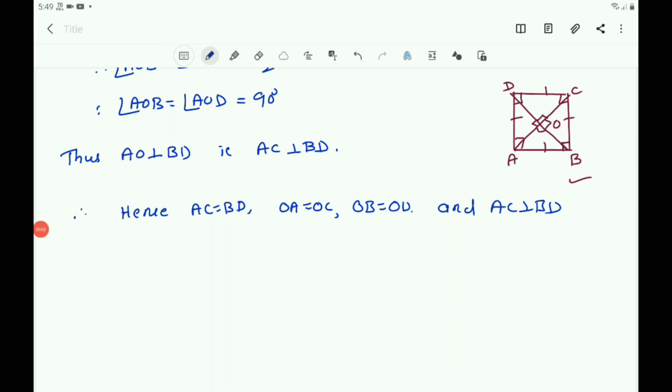So what you proved? The diagonals of a square are equal, AC equals BD, and they bisect each other, AO equals OC, OD equals OB, at right angles, means AC perpendicular to BD also we got.